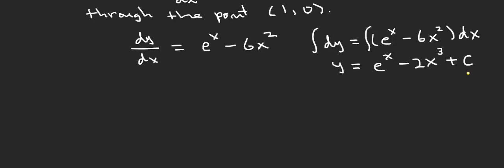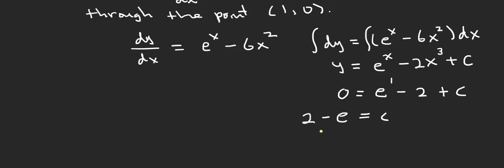We could find the value of c because it says the graph will go through the point (1, 0). That means when y equals 0, x will be 1. So what is the value of c? c is going to be 2 minus e.